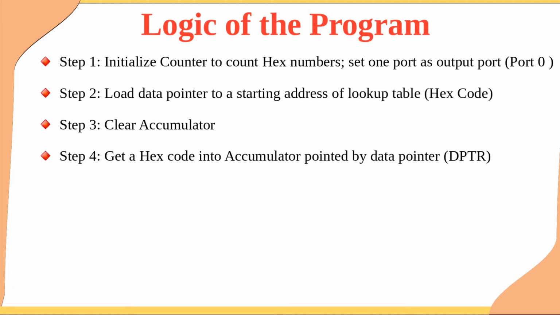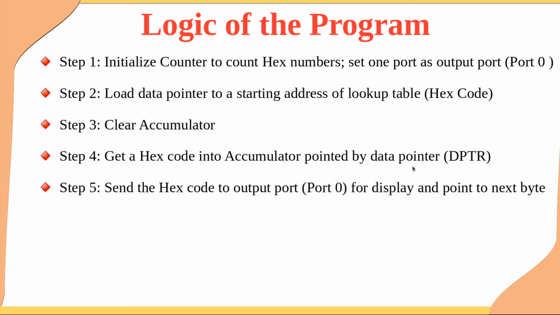Once the accumulator is clear, we can get a hex code into the accumulator, pointed to by the data pointer, which is a pointer to the lookup table where hexadecimal codes are stored. Later send the hexadecimal code to the output port, nothing but port 0, for the display, and point to the next byte in the lookup table. As soon as we send that byte to the output port, it will be displayed on the 7 segment.